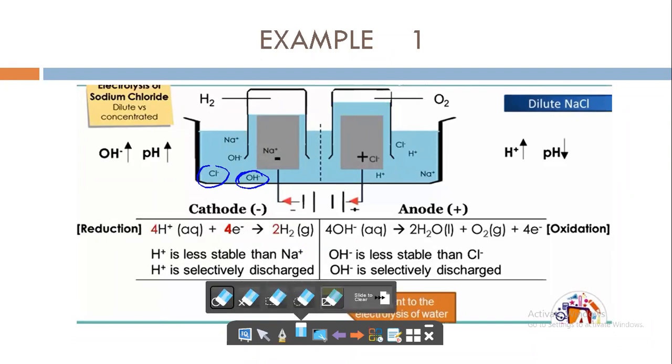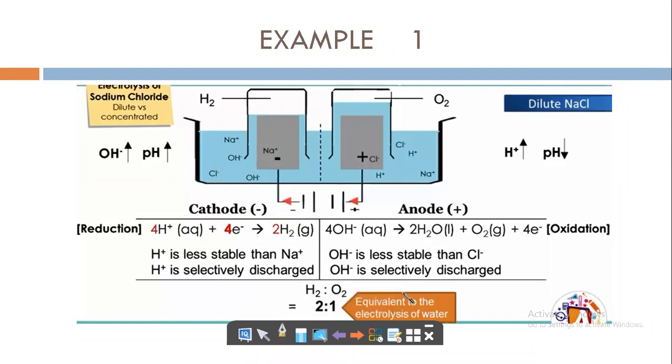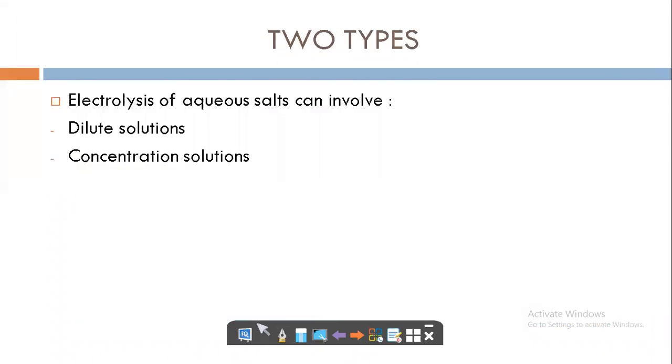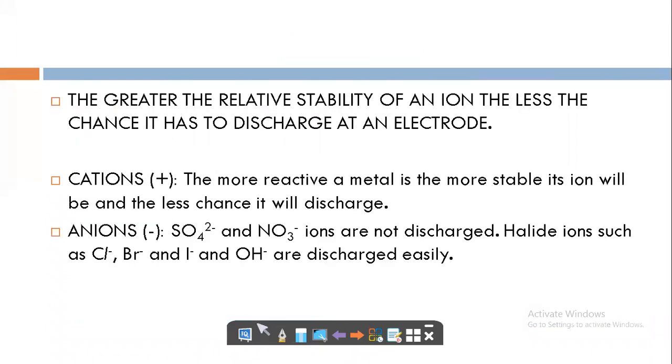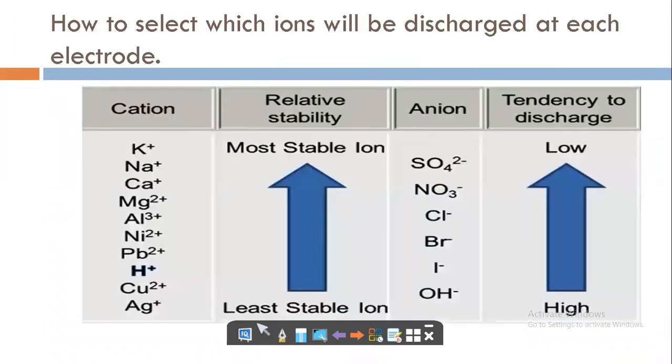For the cation, it is easy because you are looking at the reactivity. But for the anion, you have got to memorize this one here.